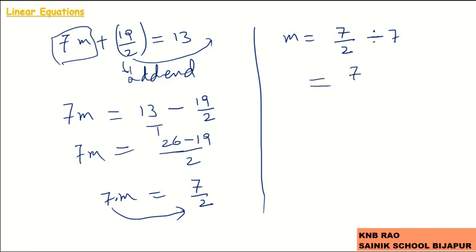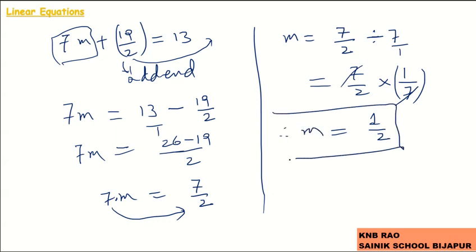Now 7 by 2, you know how to do division of fractions. You have learnt division of rational numbers also. This divided by 7 can also be written as 1 upon 7. By reciprocaling 7 by 1, we get 1 by 7, and operation division gets into multiplication. Now on cancellation it gives 1 by 2. Therefore m equals 1 by 2 or 0.5 is the solution of this given equation.